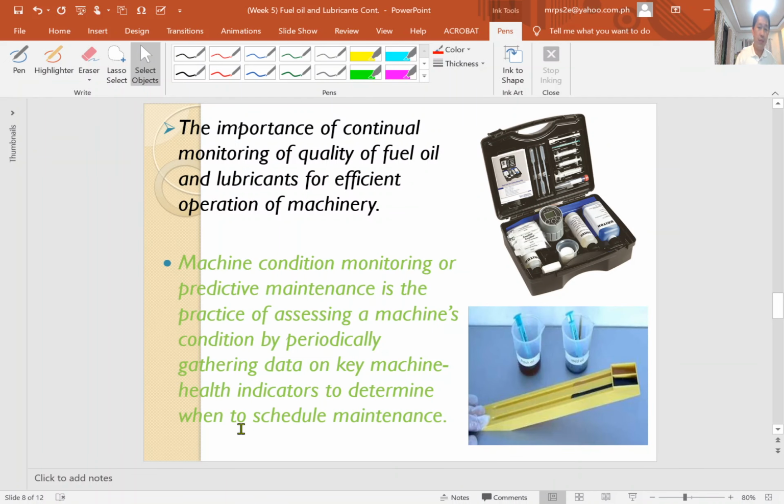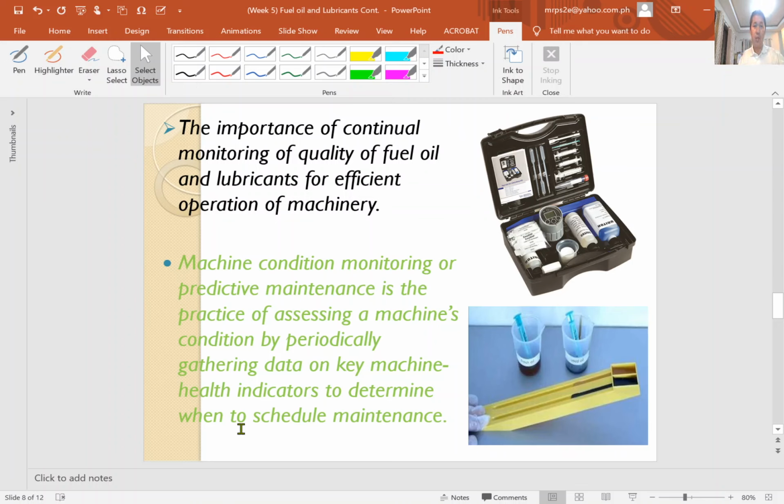We will have an example why this fuel oil and lubricants monitoring is very important. So, for example, I will explain with an illustration which is familiar to you.